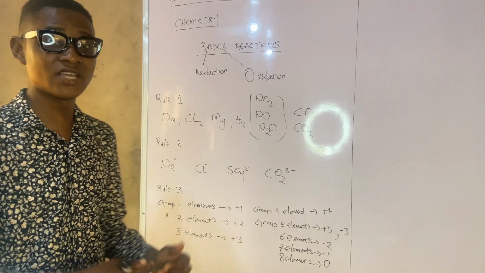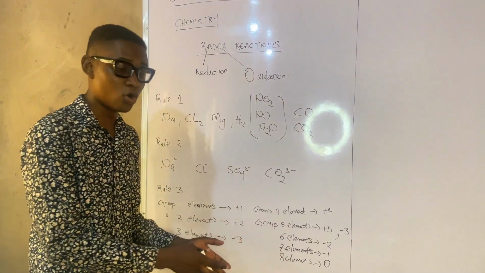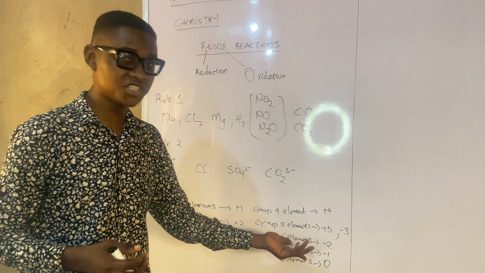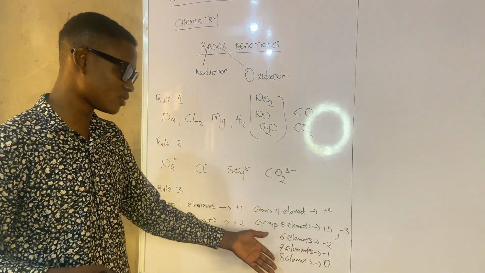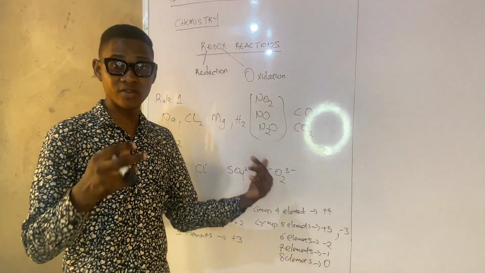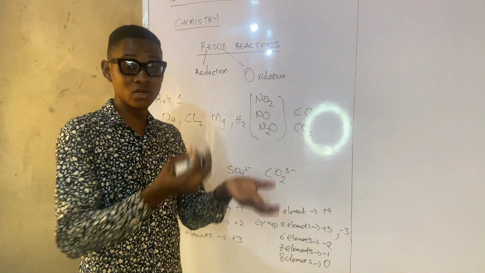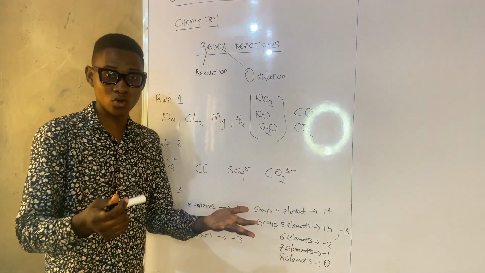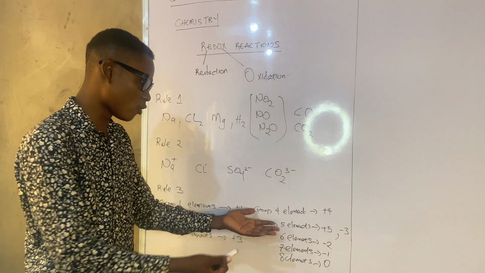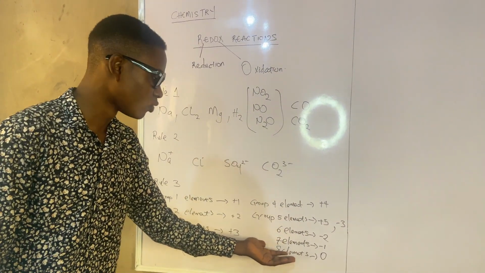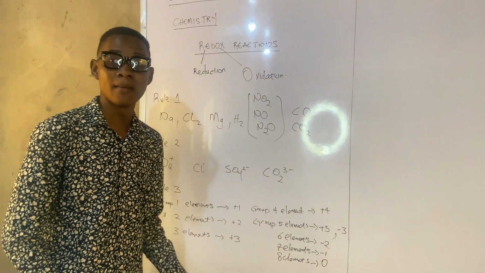One thing you can use to remember is oxygen. Just know the first elements of these groups. Group 6 is oxygen. Even before you watch this video, you know that most times we are calculating oxidation numbers. The oxidation number of oxygen is what? Minus 2. And for fluorine, the first group 7 element, it is minus 1.